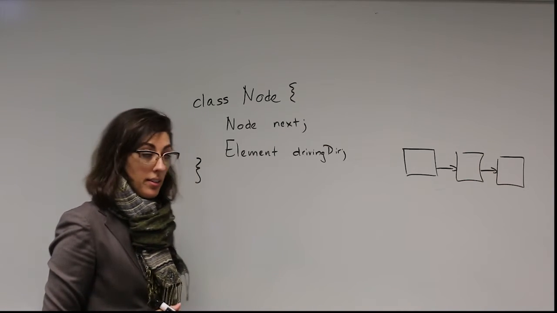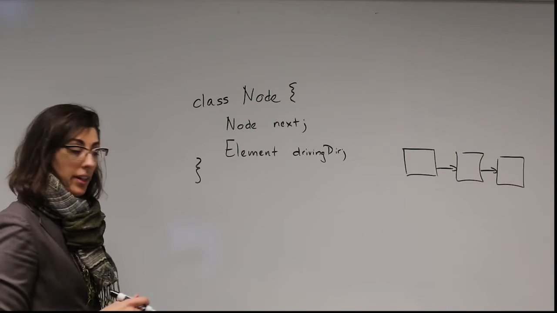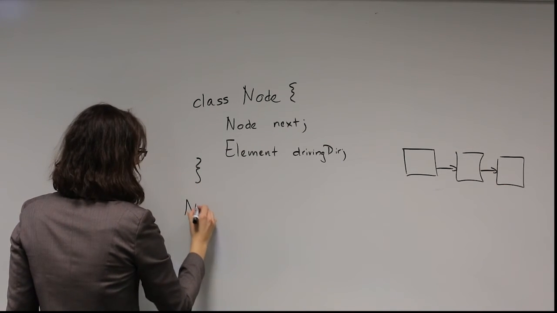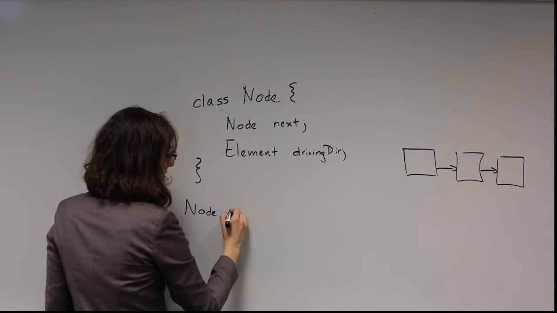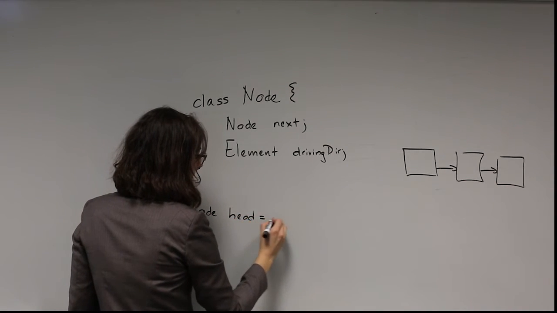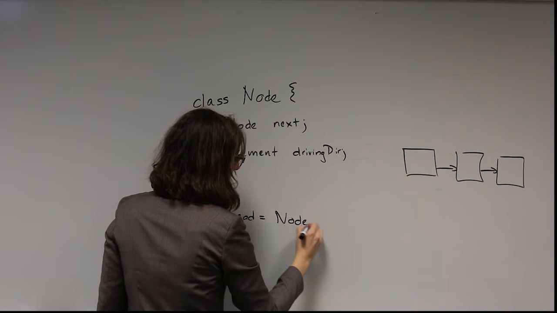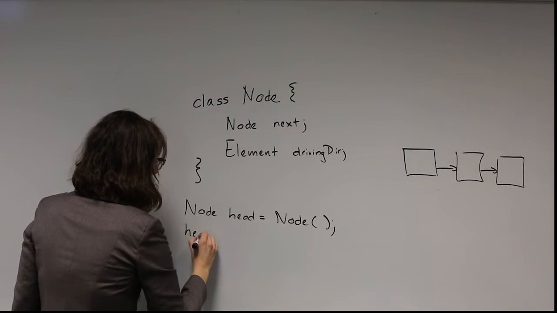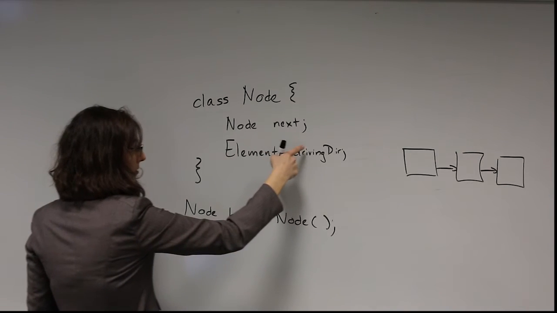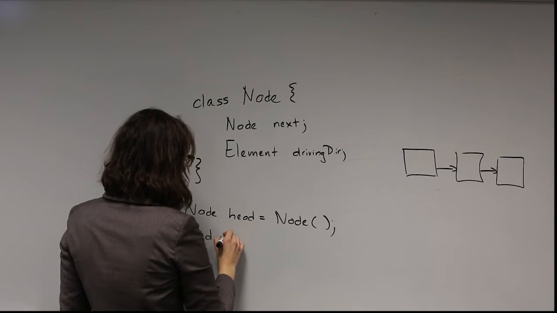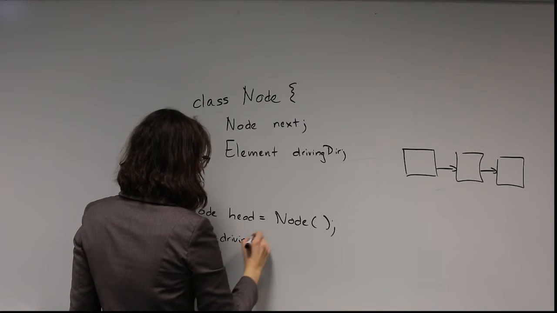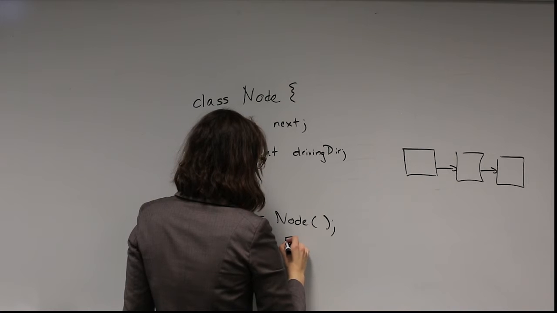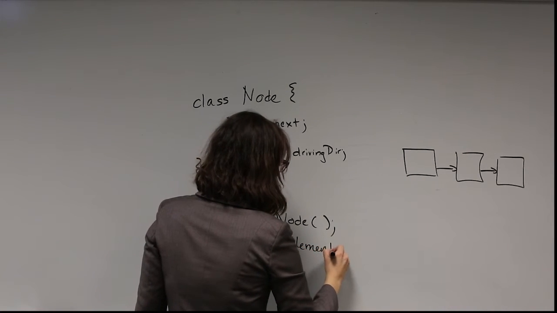Let's now create a linked list. How would we do that? Well, we want to create the head. So having this definition, maybe in another file that would use the definition, we create a node. And we want to set what we're storing, which for our example is the driving direction, equal to some element.